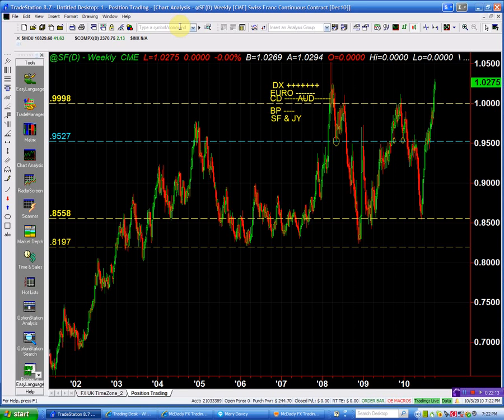So there is nothing wrong. I would rather be taking the euro long, and my second choice would be the Swiss franc. Also keep in mind that the Swiss government and the Japanese government are not really too excited about their currencies moving higher.